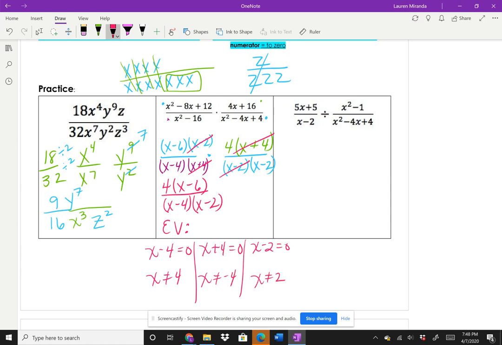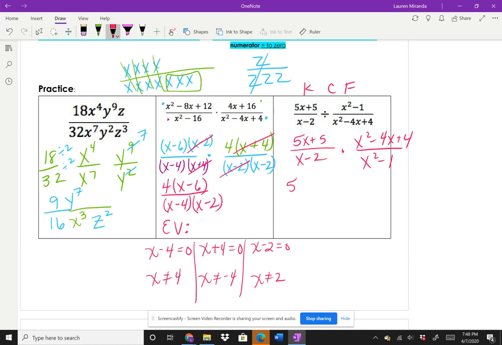All right, and lastly, division, keep, change, flip. Let's factor, we can do that first. So I have 5x plus 5 over x minus 2 times x squared minus 4x plus 4 over x squared minus 1.